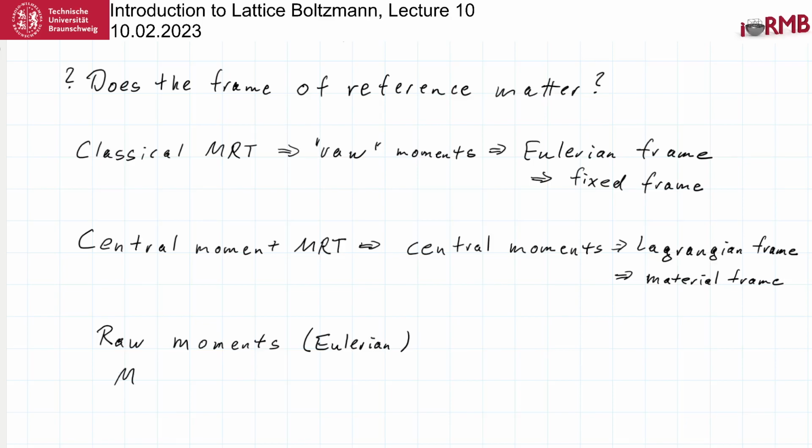The Eulerians, we write them with M just to distinguish from the others, and you remember this is the sum over, now in 3 dimensions, i, j, and k, i to the power of a, j to the power of b, and k to the power of c, f_ijk.